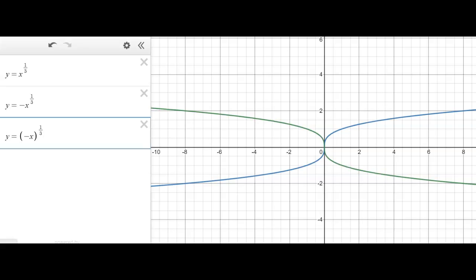So for a cubic or a cube root graph, or anything to the power of an odd number, it could be a reflection in the y-axis or a reflection in the x-axis. You can see the blue graph is our original, the green is a reflection, and the way it's written, I would interpret that as a reflection in the x-axis, and then the purple graph is a reflection in the y-axis, but you can see it's exactly the same.